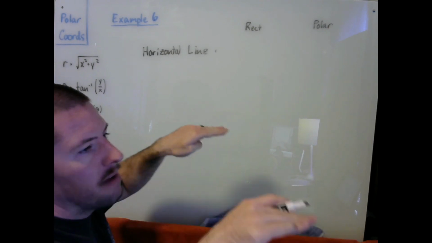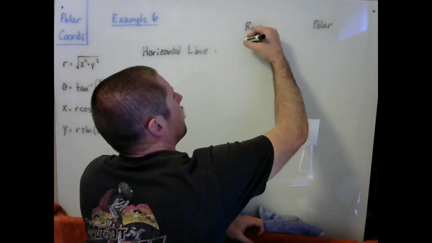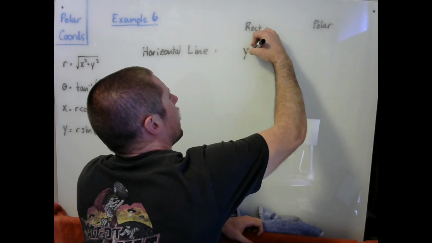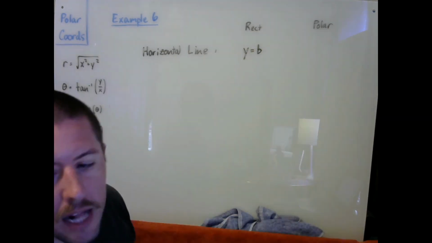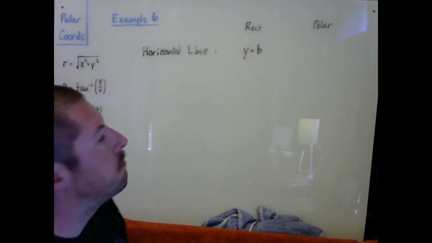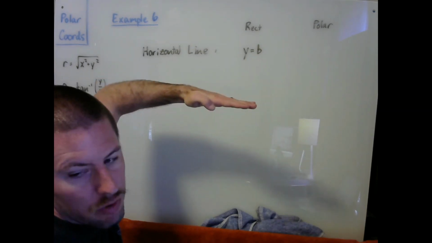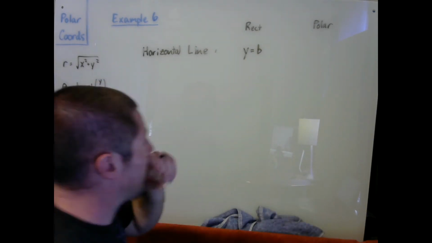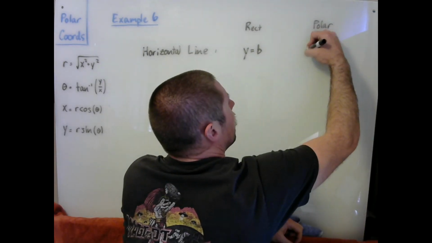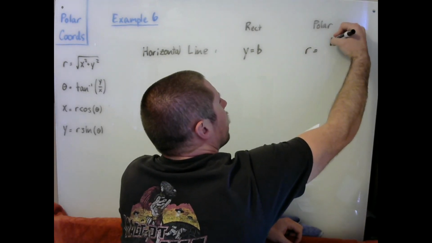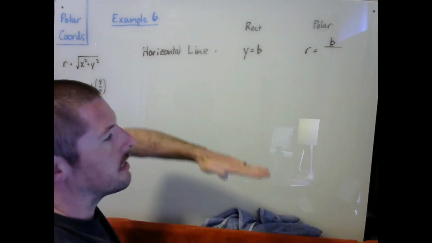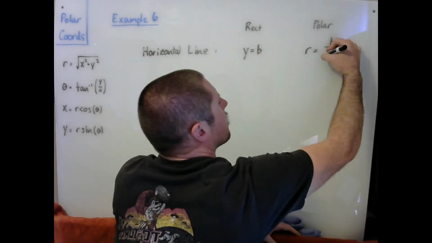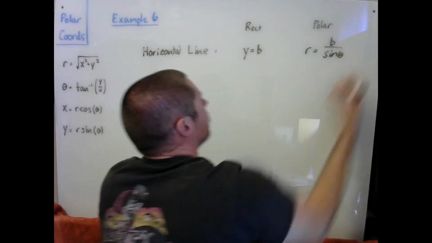All of the points have the same y value, so we generally give these as, and I'll call this y equals b, just as any old constant that's out there. So the height of our line is b. We've picked a line of height maybe 2, so b is 2. In this case, what we saw is that our equivalent polar equations are always going to be r equals whatever that height was, over sine theta, since heights are associated with sine.